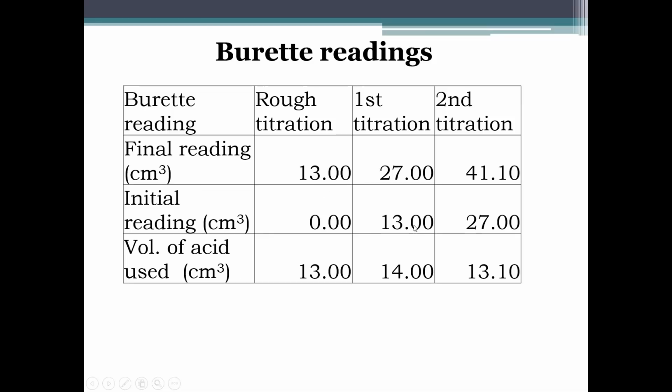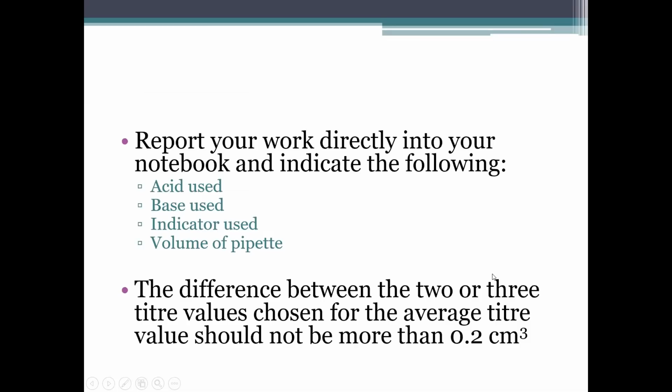But assuming I didn't lose anything, this now becomes my initial reading for the first titration, and I'll keep on titrating. And when I'm getting towards this 13 centimeter cubed, I would close my tap and record my final reading. I'll do the same thing for the second titration, record my final reading, and I will have the volume of acid used for the 3 titrations.